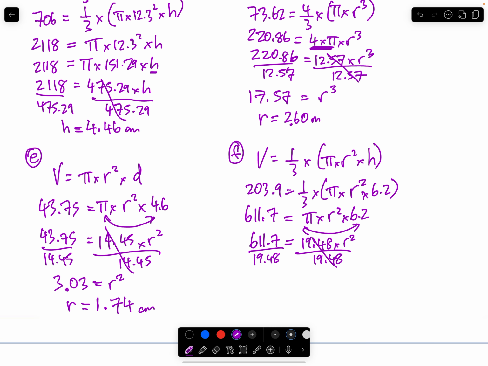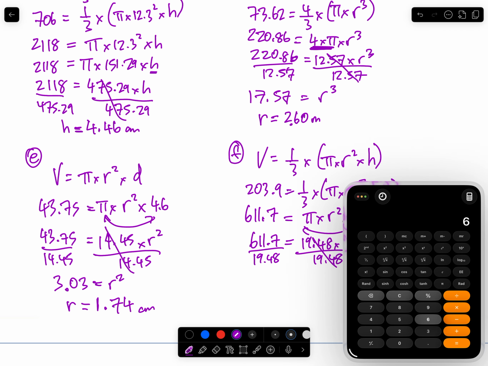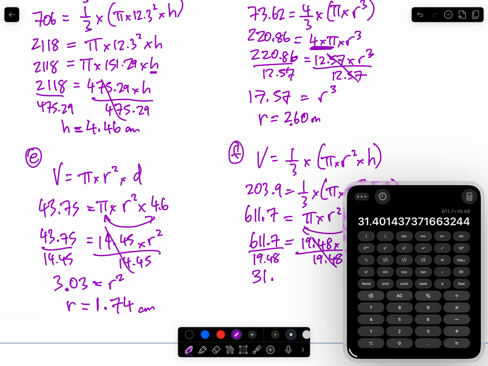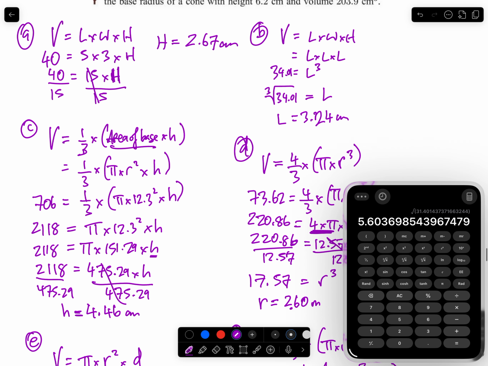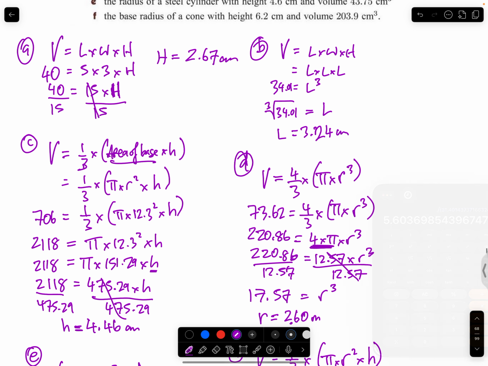That's going to cancel. So 611.7 divided by 19.48. 31.40 equals r squared. Opposite of squaring something is square root. So r is going to be 5.6. What was the units? Centimeters.